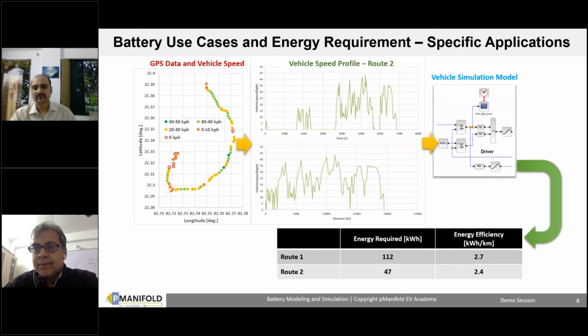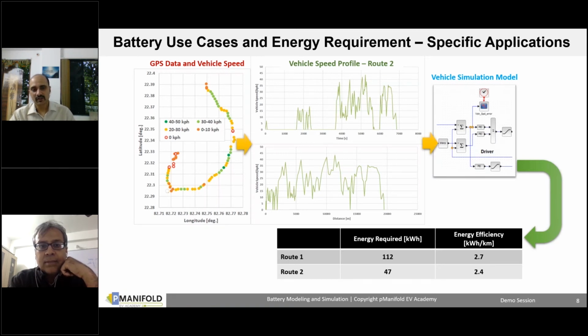Yeah. So for any controller validation, if there are people who have worked on a controller, not just battery, any controller, the validation requires a system model, a plant model as we call it in controls language. So this will help you not only build a plant model but also understand how to model the controller algorithm, which is the first step of model based controller development.